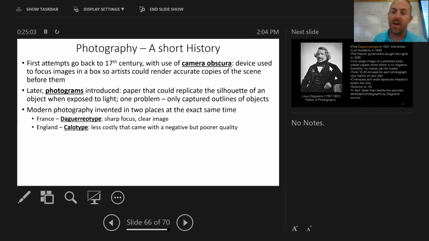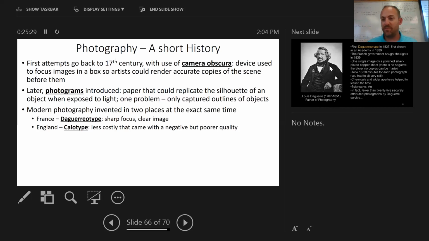They would bring the images up to the box, and they would try to create copies of that scene before them each time, right? So that was kind of the first attempt at photography.